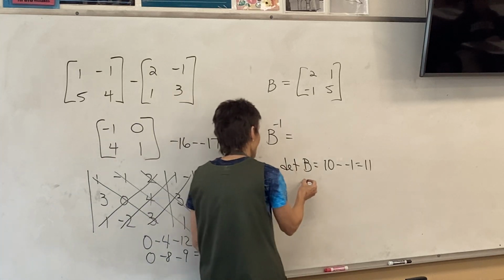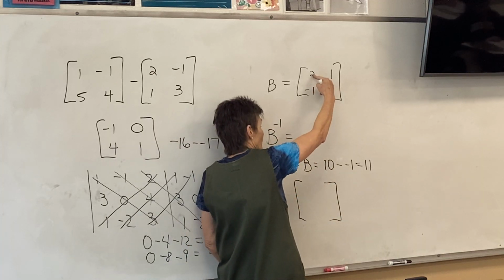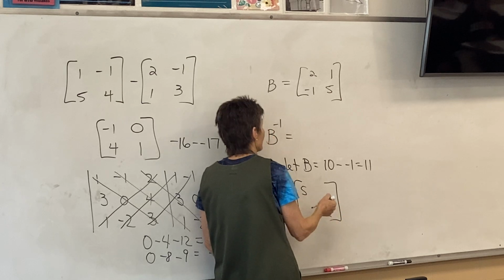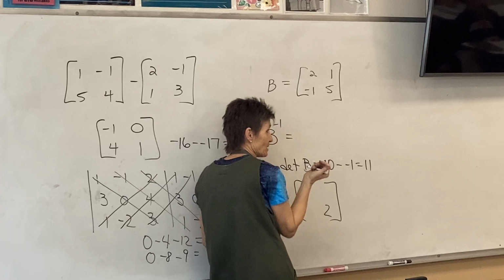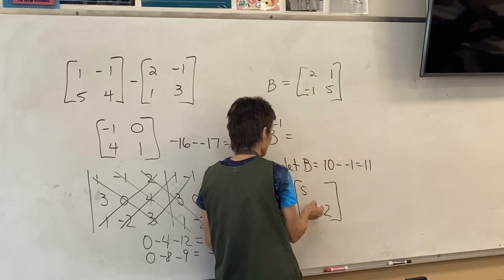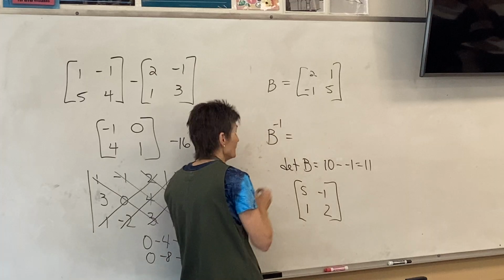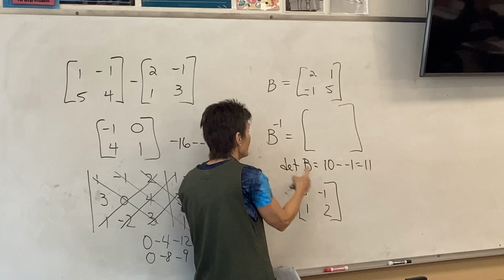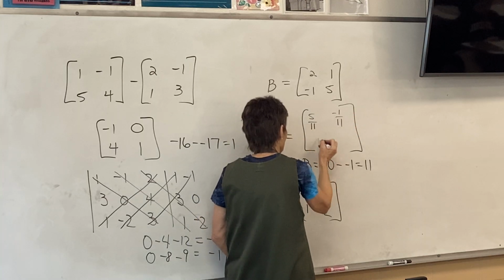Then I make a new matrix by taking these two, where my fingers are right now, and flip them. So 5 and 2. And then these two, I don't flip them, I just change the sign. So that becomes positive, and that one becomes negative. And then my answer, the actual inverse, would be all of these numbers over 11.